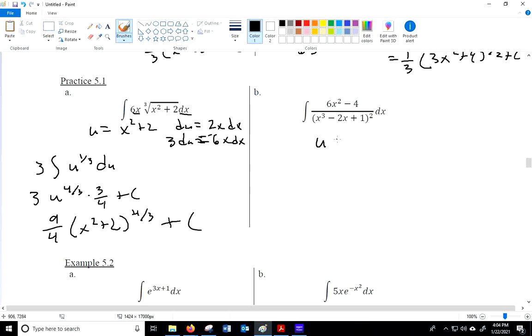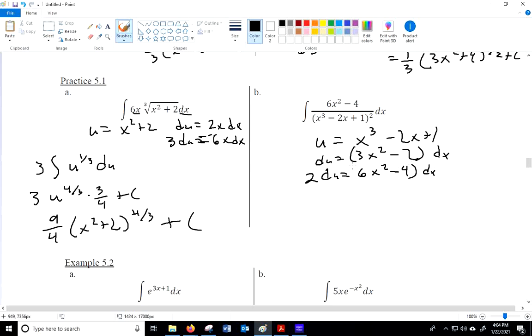All right, on this one here, I hope you let u be the thing on the bottom. So we'll let du equal 3x squared minus 2 dx. Now in this case, I'm going to multiply both sides by 2, giving me 2 du equals 6x squared minus 4 dx.